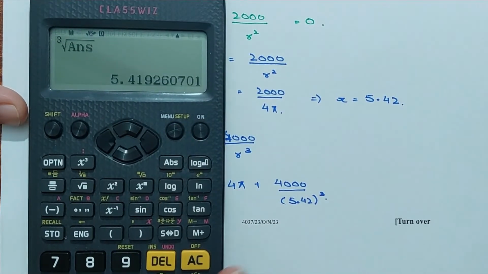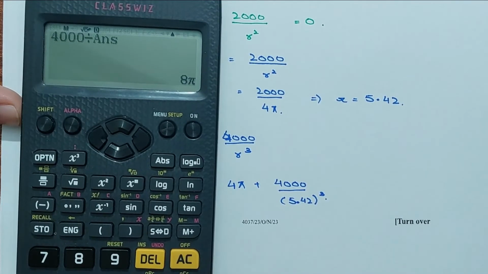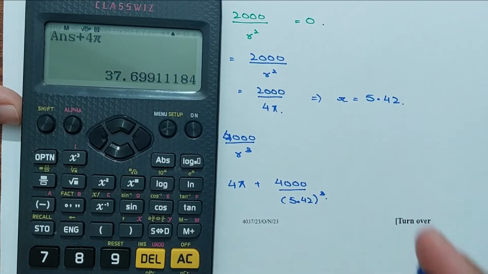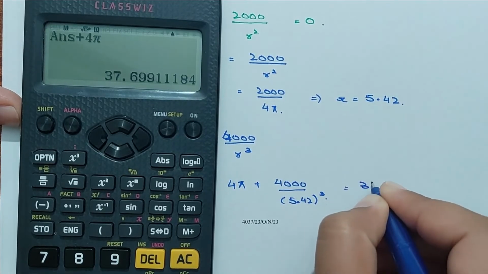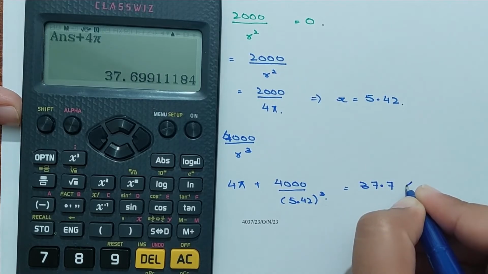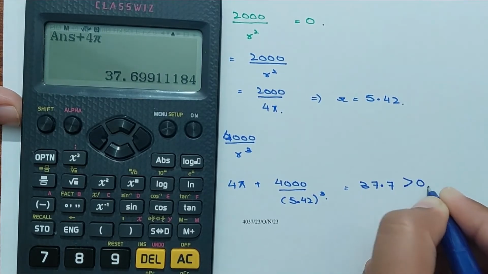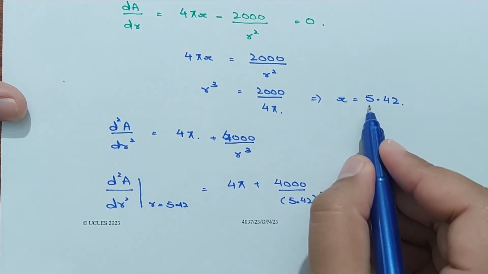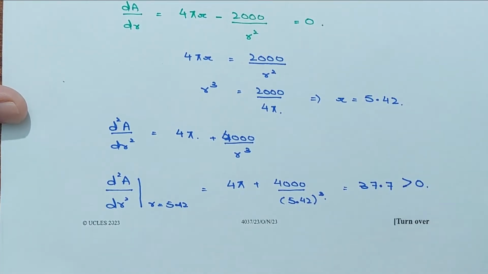So this is 5.42, its cube. 4000 divided by the answer and add 4 pi. This is 12 pi, 37.7, and this is positive, greater than 0. So it is proved that the value of r, which is 5.42, gives a minimum of this area.